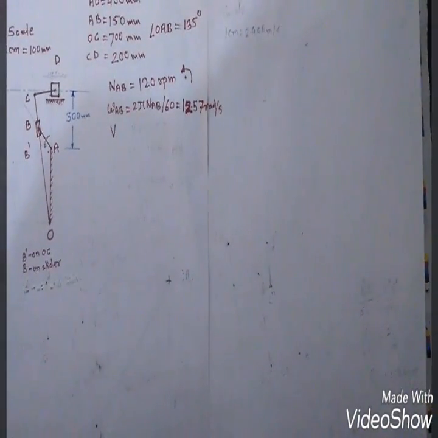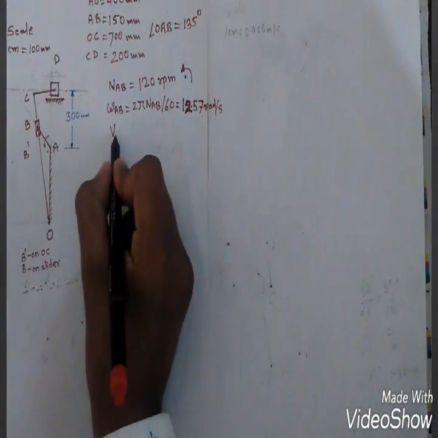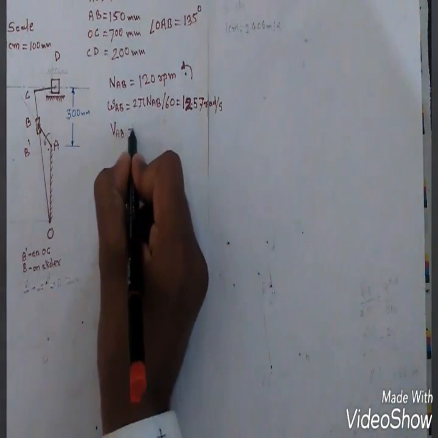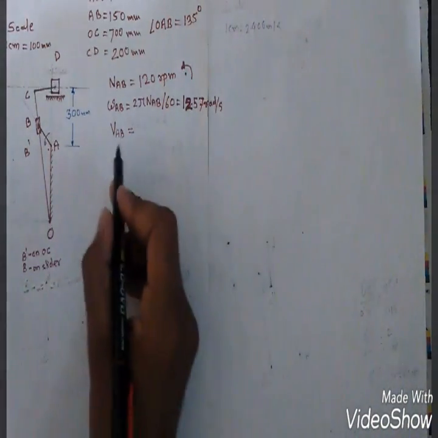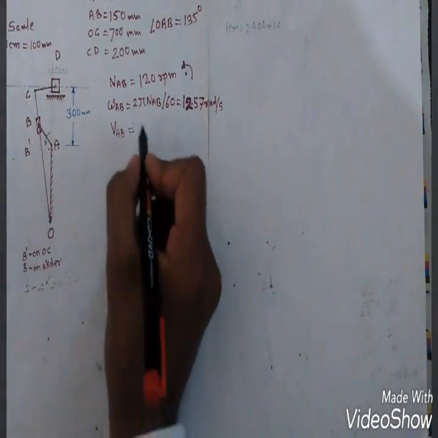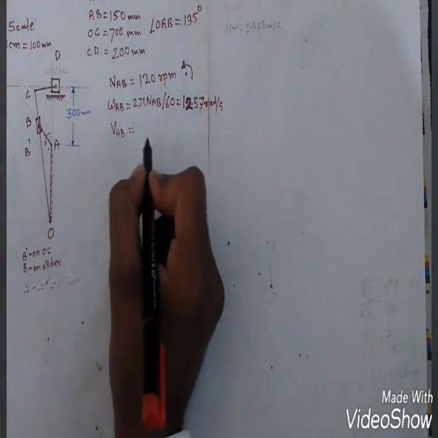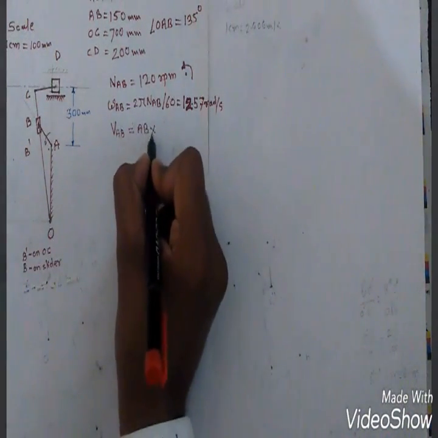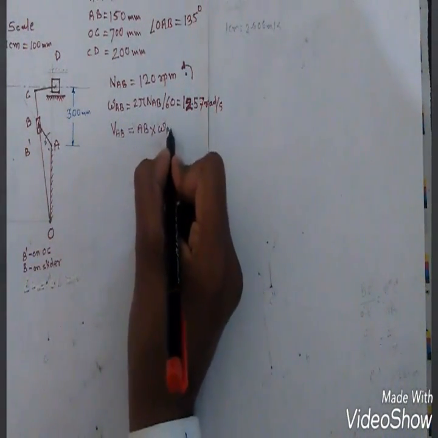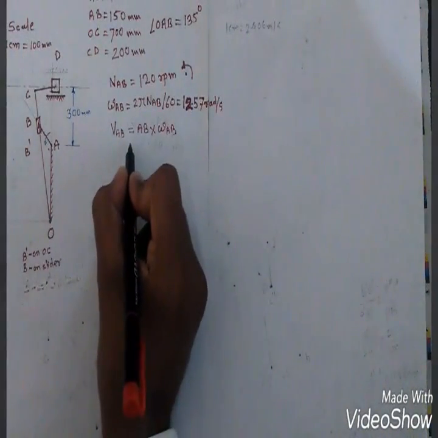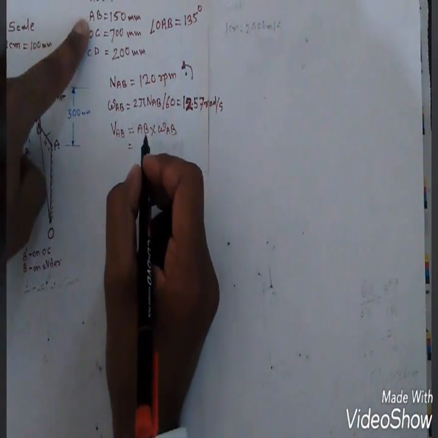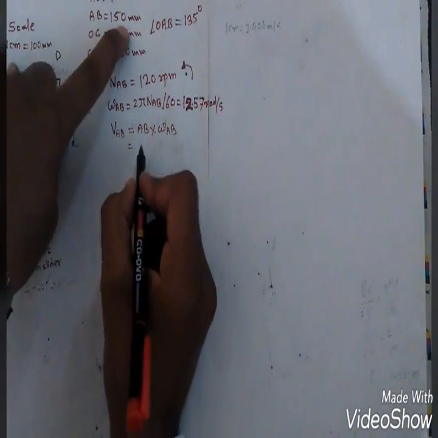After calculating omega, you have to calculate velocity of that same link. In this case, link AB, velocity of link AB. We know the formula for velocity VAB equal to length of link, that is AB, into omega AB. The value of AB given here is 150 mm.